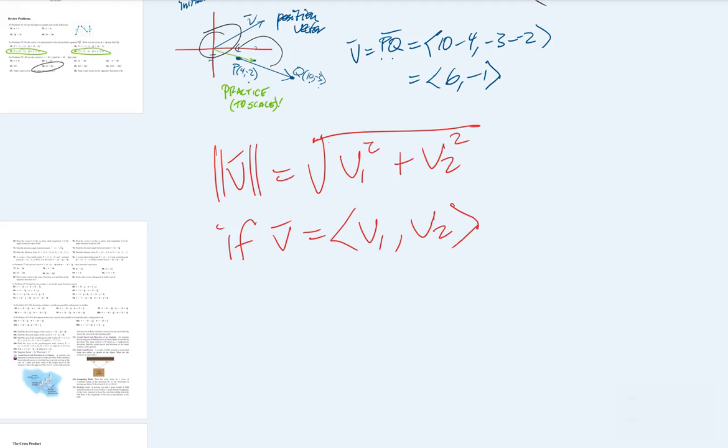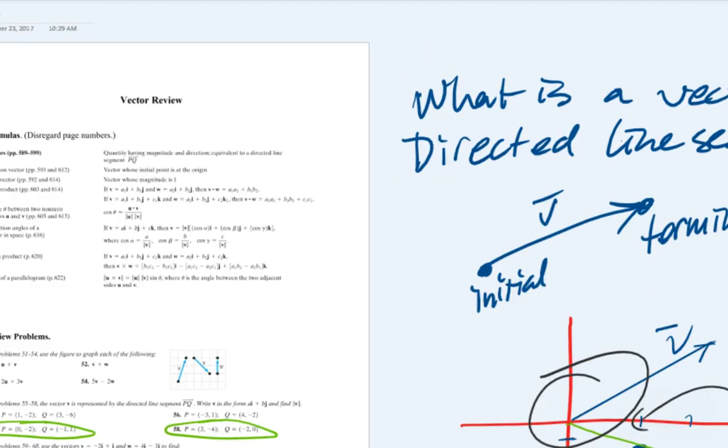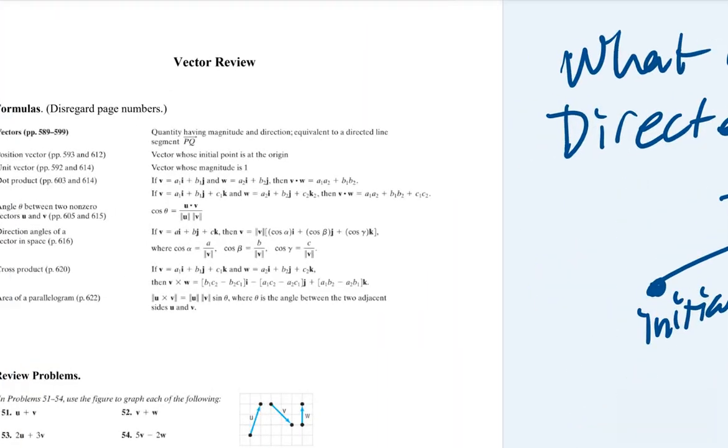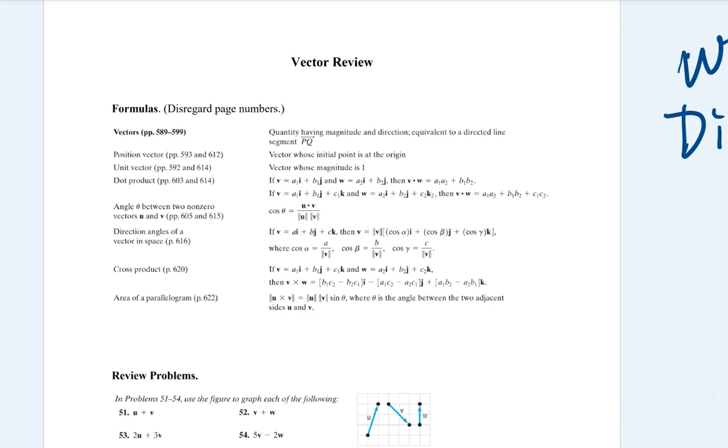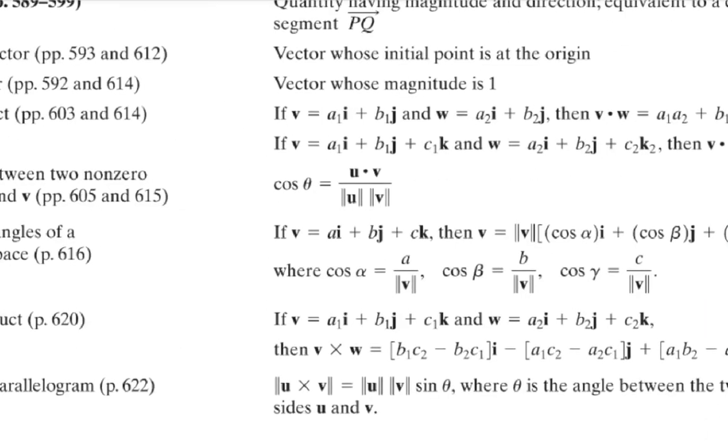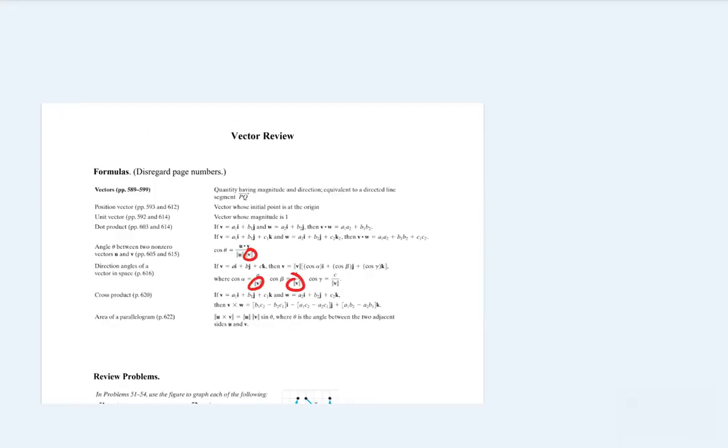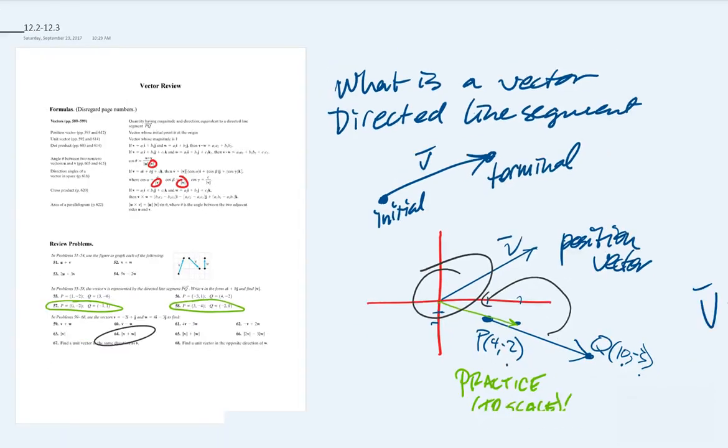Now this should be in the formulas up here. Position vector, unit vector, dot product. No, it's not. Well, you need to know it anyway, because if you notice, it pops up everywhere. So just get to know it. And that's all there is to it.